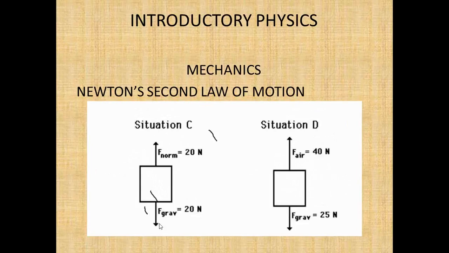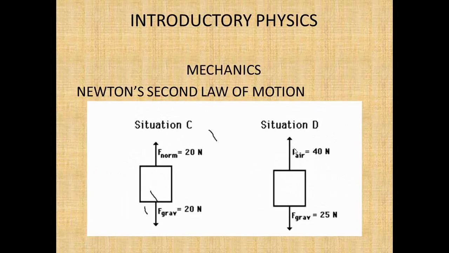So this is an object with no unbalanced force. These forces are balanced. So it could mean that this object is at rest or it's in motion with constant velocity.